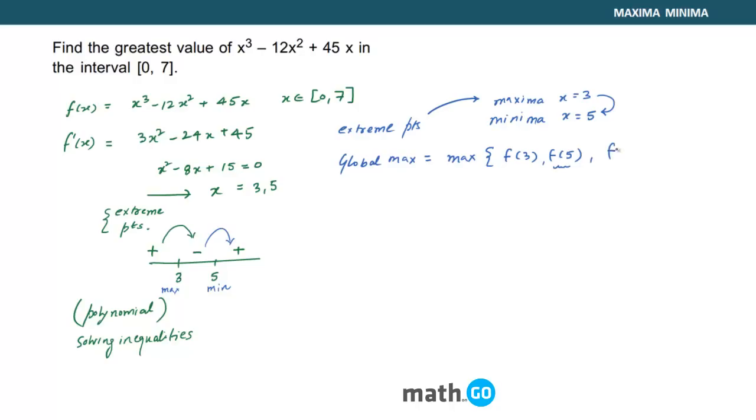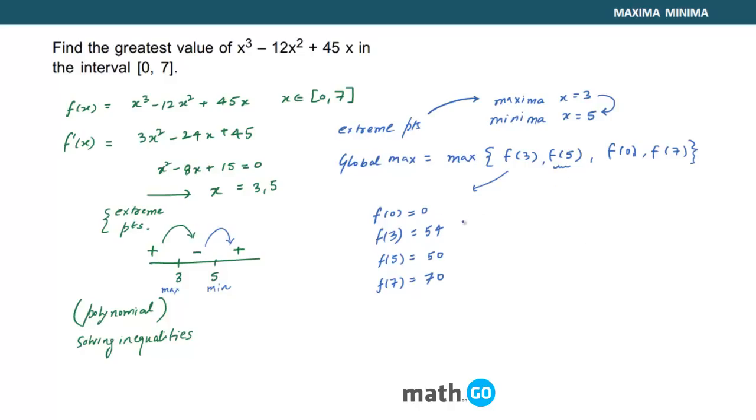Then, you don't just have to find f(3), you will also check at the boundary points, that is f(0) and f(7). This is what I wanted to explain to you. So if we find all these values, let's say we find f(3). What is f(3)? Can you tell me very quickly? These four values will be obtained for these four points.